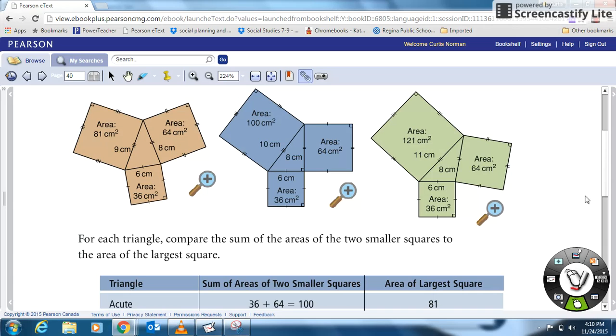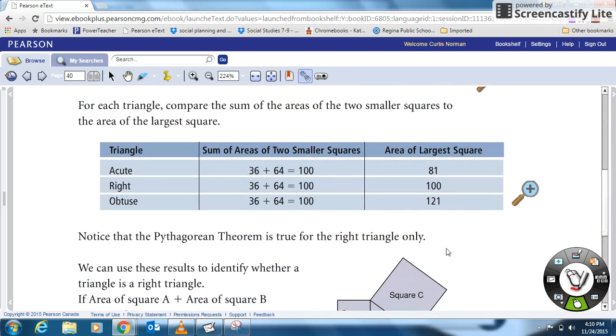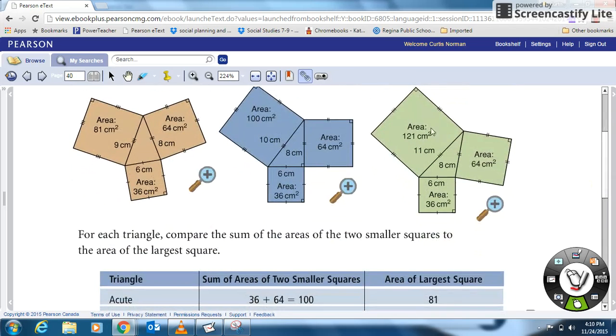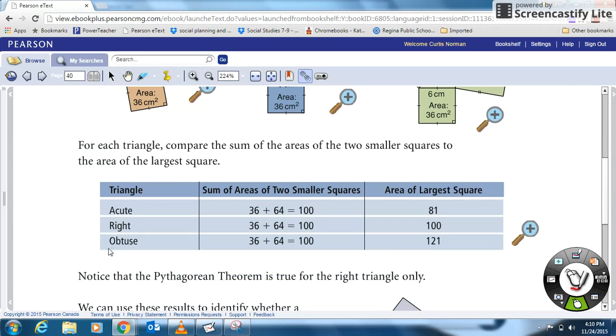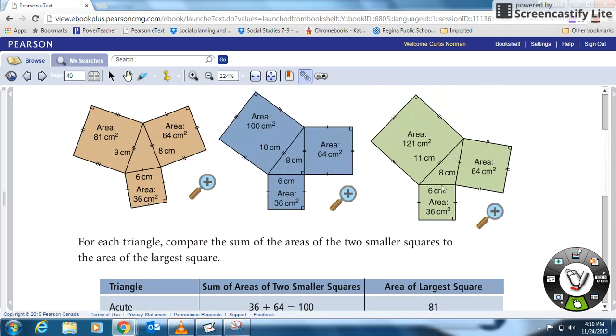Over here, take a look. When you add up the areas and the largest square is larger than Pythagorean's theorem, in this case the green square is 121, which is larger than 100, we call that an obtuse triangle. What obtuse means is that one of the angles in the triangle is greater than 90 degrees.